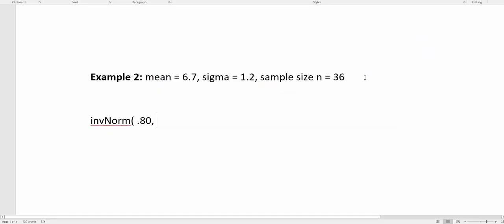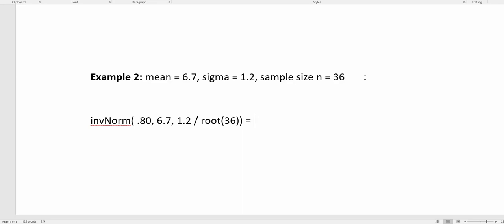And the mean is 6.7 and the standard deviation is 1.2, but we're talking about the average time, so we need to divide this by root 36. This will be the time that separates the top 20% of times from the bottom 80%, right?